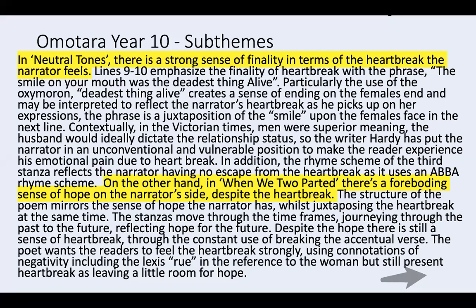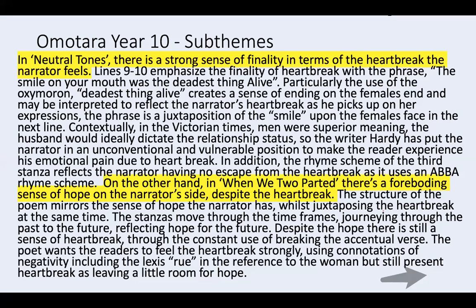On the other hand, in When We Two Parted, there's a foreboding sense of hope on the narrator's side, despite the heartbreak. The structure of the poem mirrors the sense of hope the narrator has, while juxtaposing the heartbreak at the same time. The stanzas move through the time frames, journeying through the past to the future, reflecting hope for the future.